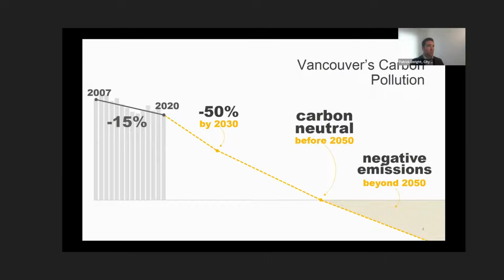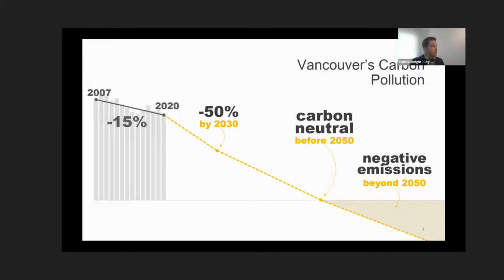So of course, Vancouver City Council declared a climate emergency in 2019, and we have a climate emergency action plan that is our plan to get us on track and to be consistent with the IPCC's 1.5 degree scenarios, to keep global warming within 1.5 degrees, which is the safe limit for climate change.